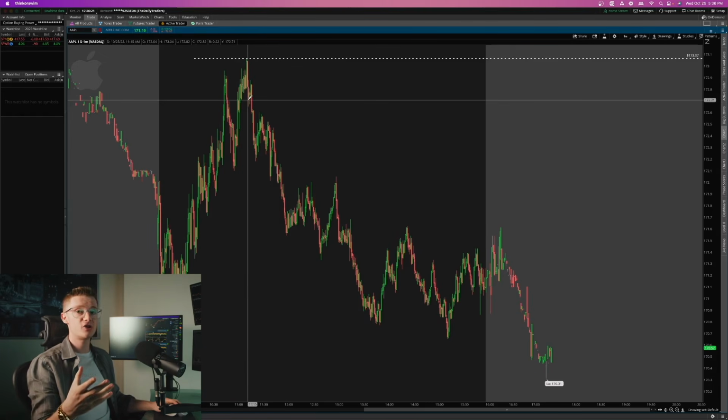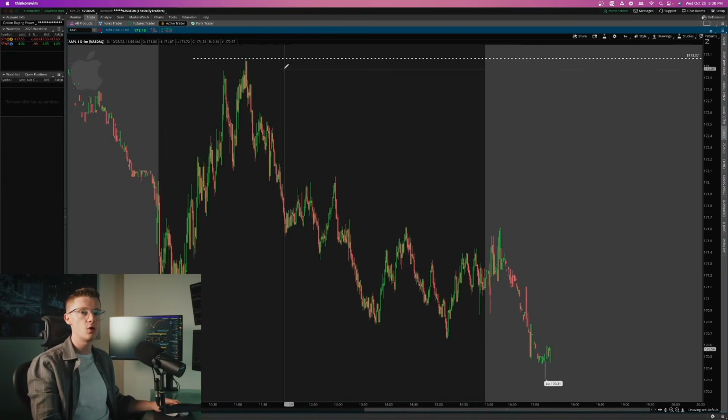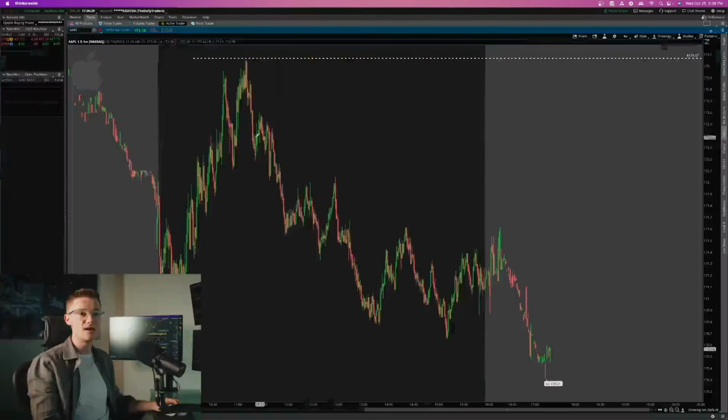Now, throughout this trading day, we wanted to keep an eye and be aware of this overhead resistance level. But it looks like the market did end up pulling back and we started selling off. Okay, seeing lower lows throughout the day, and then we ended up closing the day.